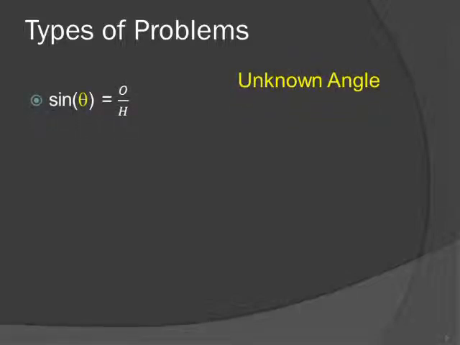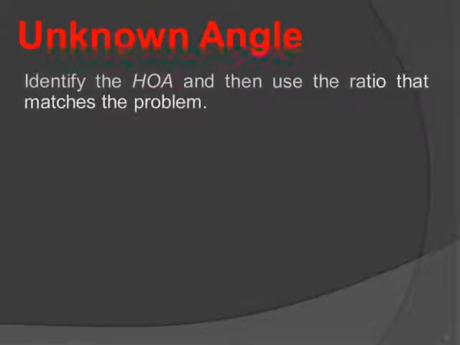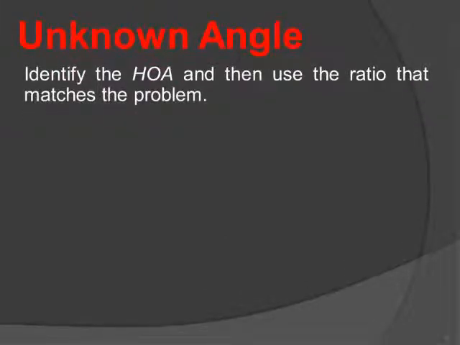So, sine theta, O over H, cos theta, A over H, and tan of theta, O over A. As with all questions, when you've got an unknown angle, identify the H, the O, and the A, and then use a ratio that matches the problem.